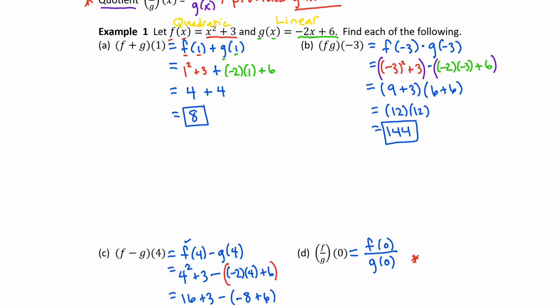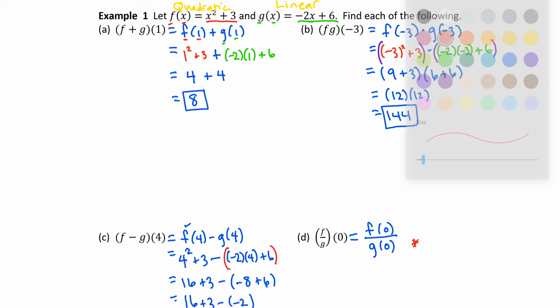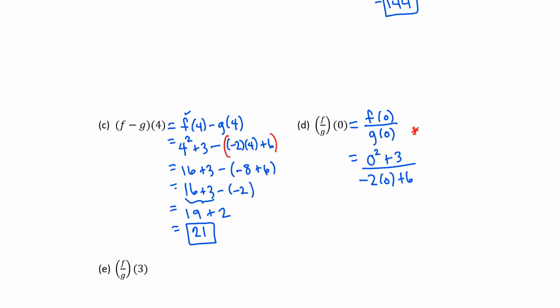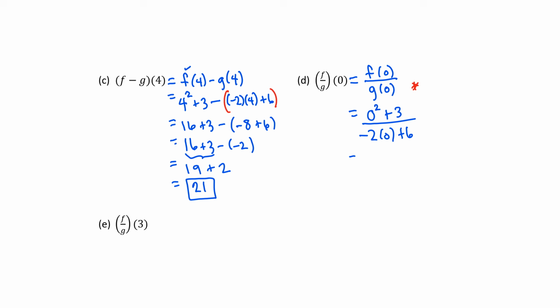Let's see what happens when we plug 0 into these two functions. F of 0 evaluates as 0 squared plus 3, and g of 0 is negative 2 times 0 plus 6. When I plug these values in and evaluate, in the numerator we end up with 3, and in the denominator we end up with 6.